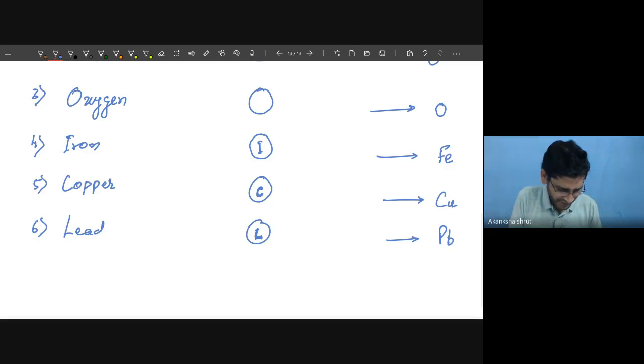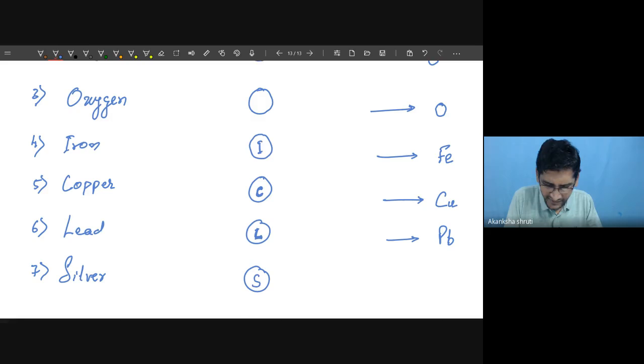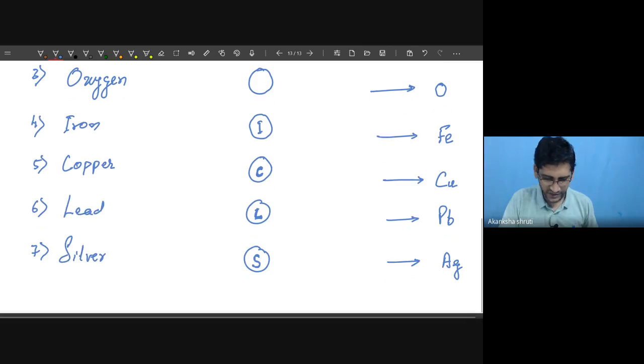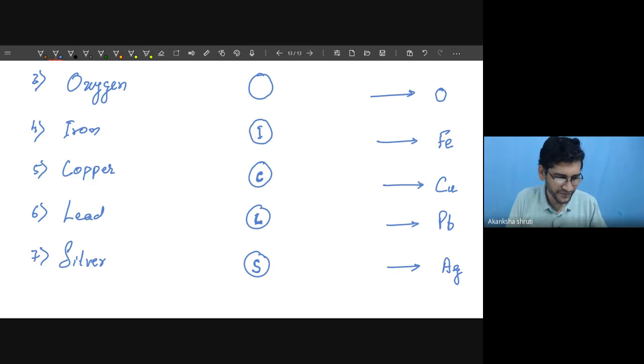Let us write a few more. The seventh one, take silver. He had given the symbol, inside this circle, S. Nowadays it is denoted by Ag. Ag is based on the Latin name Argentum.